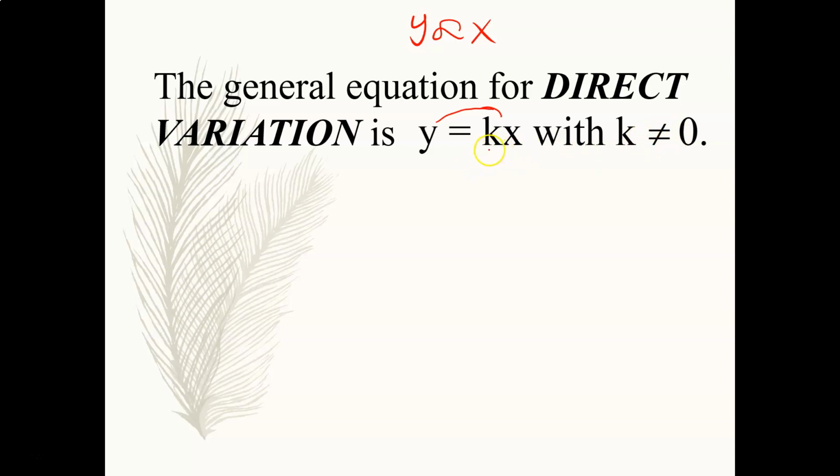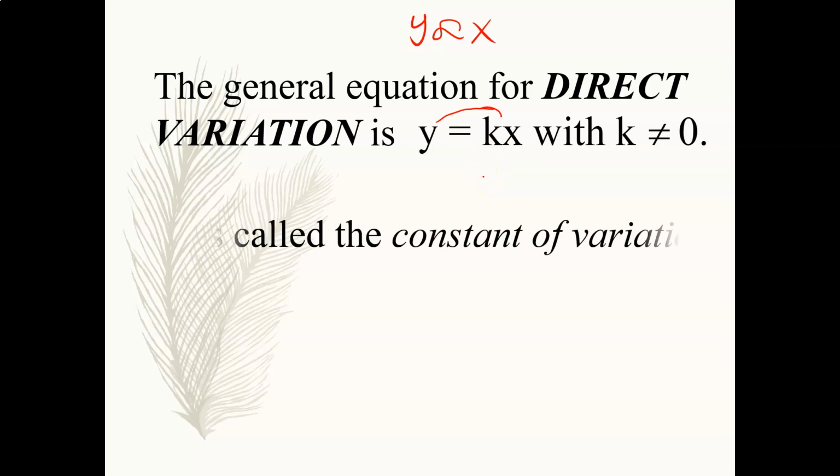Our k here is our constant of variation. So let's try some examples.